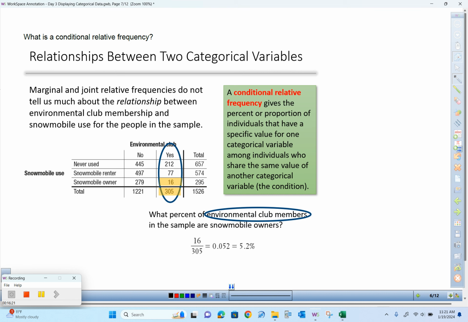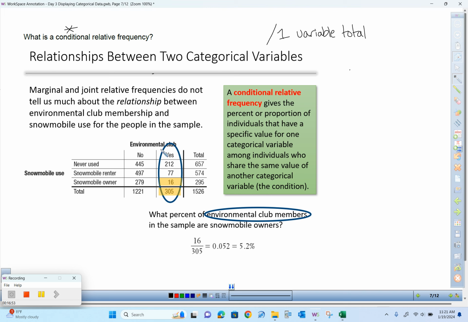The last one is conditional, and that's going to be the only one, let me put a little star there, the only one where the total changes. Okay, so I want you to actually start with the back half here. This is going to be a specific variable total. So I'm going to ask you a question like, what percent of environmental club members, I only care about the people who were in the environmental club, of those, who are snowmobile owners?